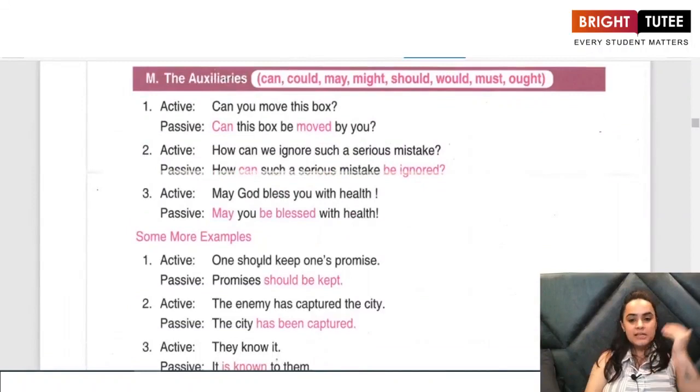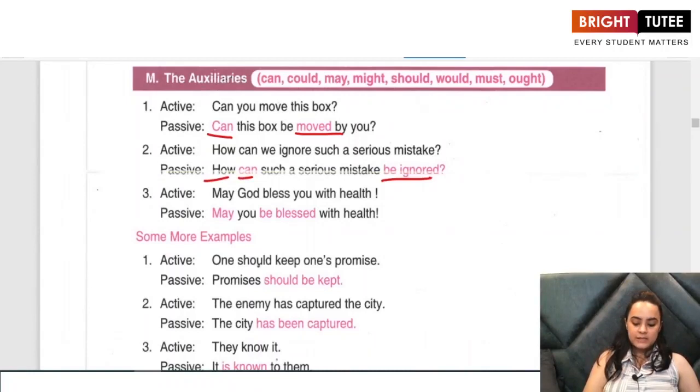Now the auxiliaries, again we have discussed the changes that will take place in the auxiliaries when talking about the interrogative sentences. Now we will also take into consideration a simple sentence. Can you move this box? Can this box be moved by you? How can we ignore such a serious mistake? How can such a serious mistake be ignored?